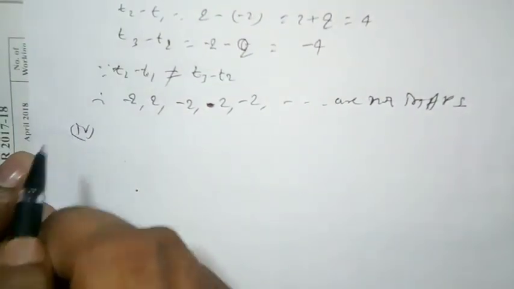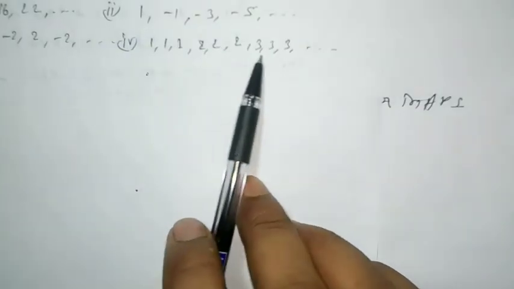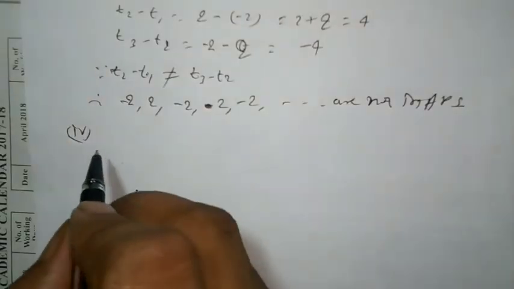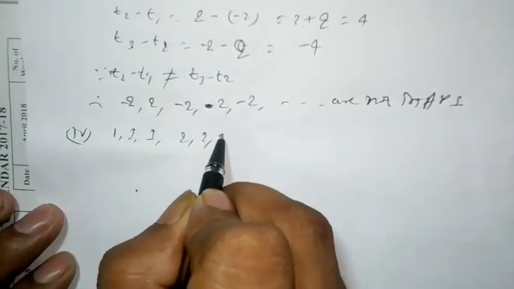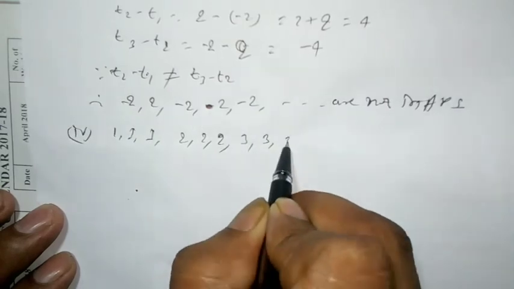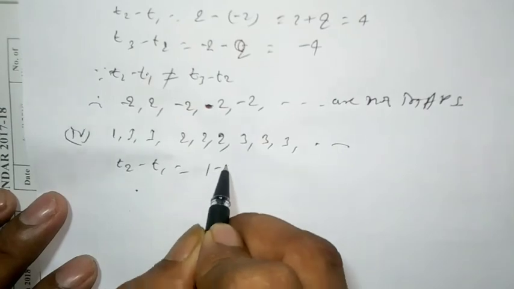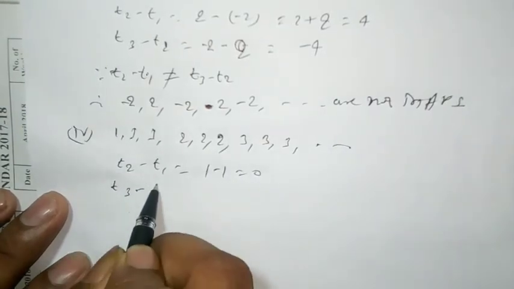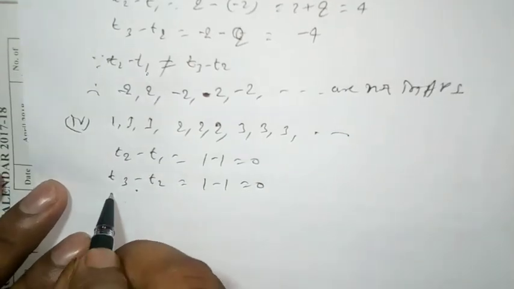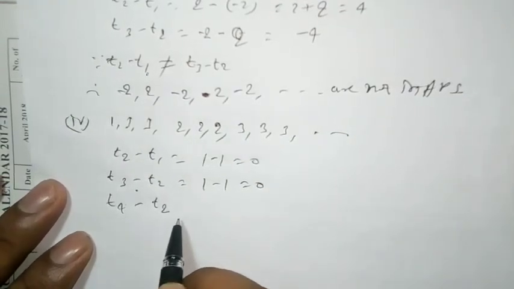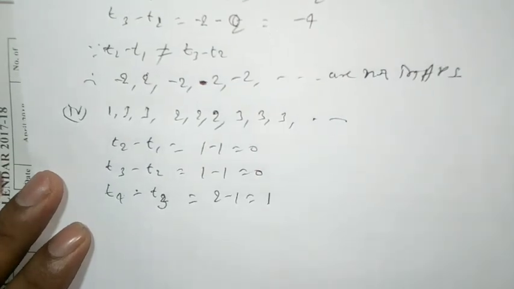Now the next question, question number 4. 1 1 1 2 2 2 3 3 3 dot dot dot. T2 minus T1 is equal to 1 minus 1 is equal to 0. T3 minus T2 is equal to 1 minus 1 is equal to 0. T4 minus T3 is equal to 2 minus 1 is equal to 1.